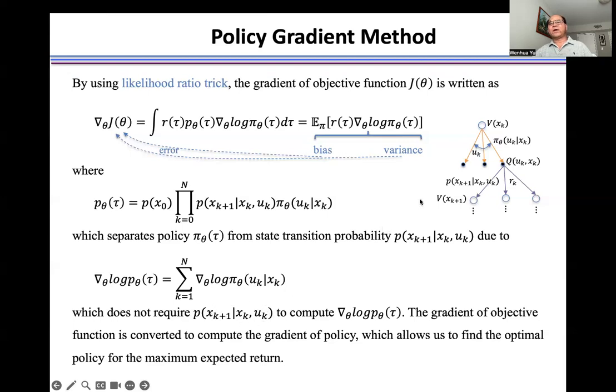That means when we search for the optimal policy, we only calculate the derivative of the policy. We don't need to include the environment or the state transition probability in the gradient.